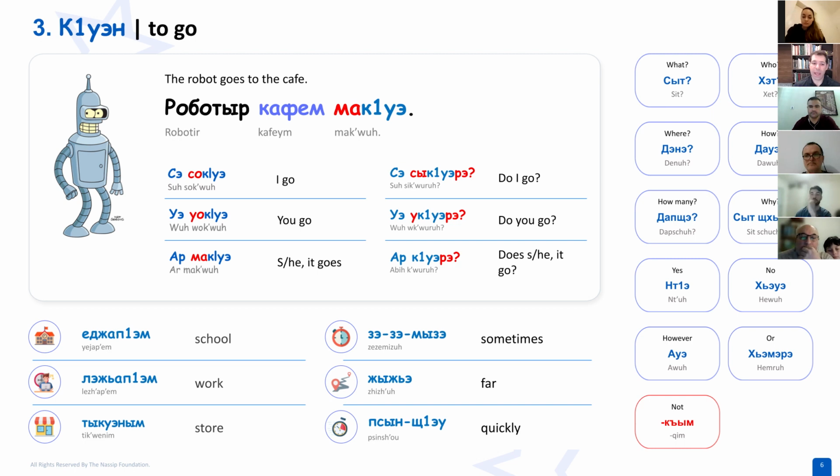The robot's going to the cafe. Jan Dilara is going to school. Hamza, you are going to work. And Janset, you are going to the store. And I'm going to go home.